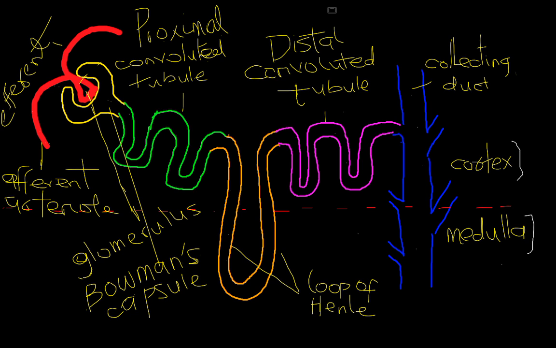Once blood gets to the glomerulus, before it leaves, it stays a while longer because there is a high pressure within the glomerulus. Why is there a high pressure within the glomerulus? It's because this afferent arteriole has a wider lumen than the efferent, the one that takes blood out of the glomerulus.